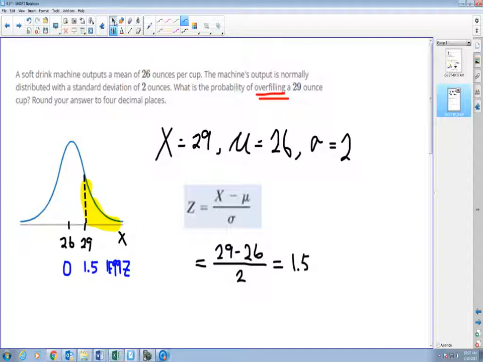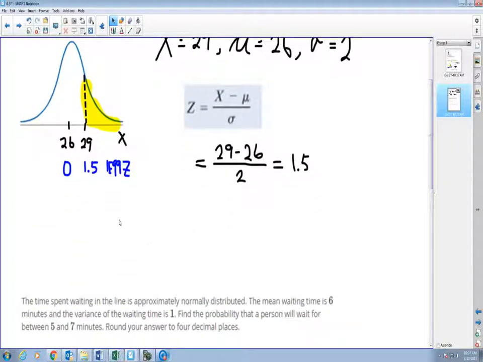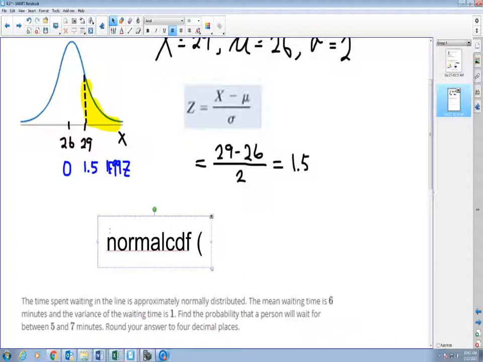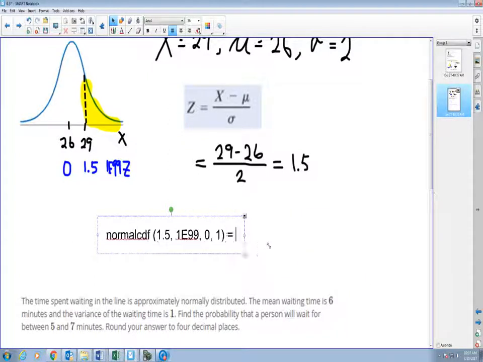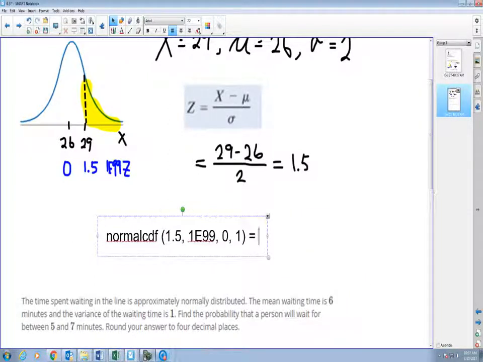Alright, so that will be normal CDF starting at 1.5 as the lower bound, comma, 1E99, comma, mean is 0, standard deviation is 1. Alright, let's see what I get here.